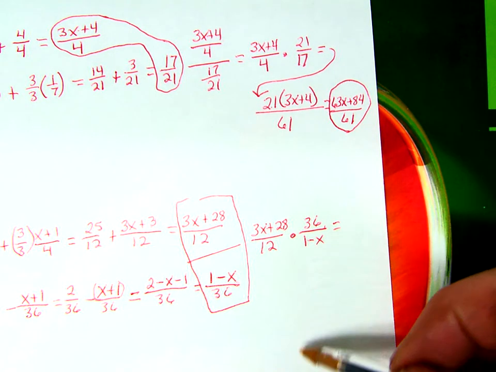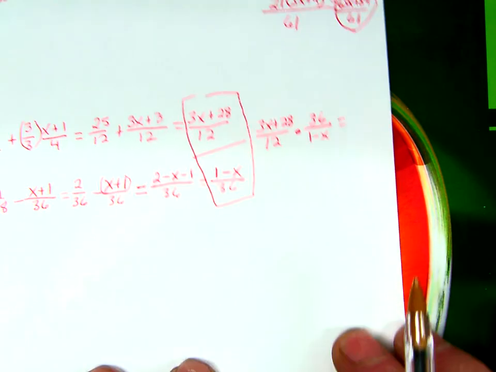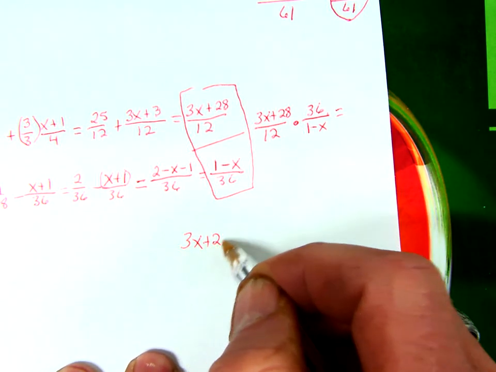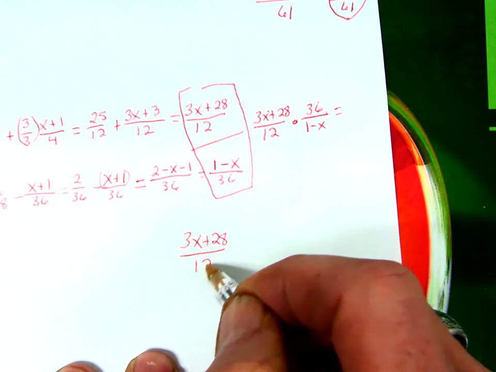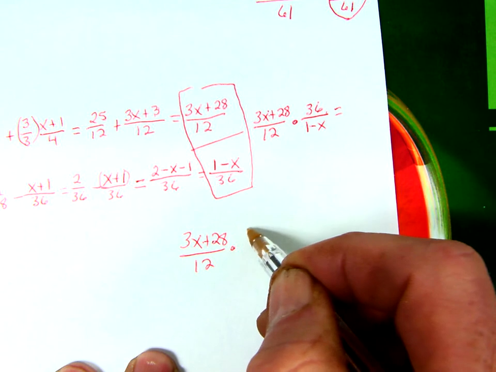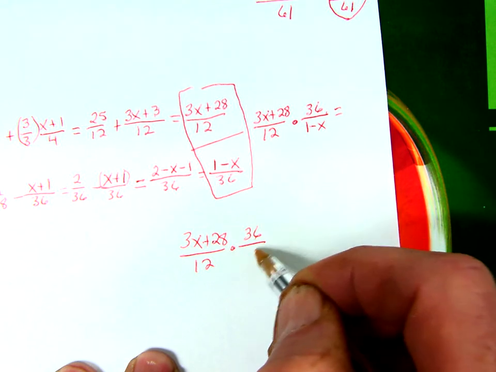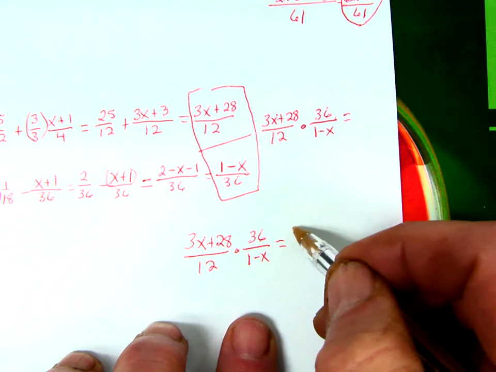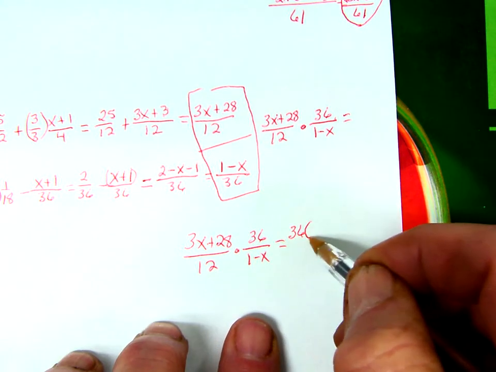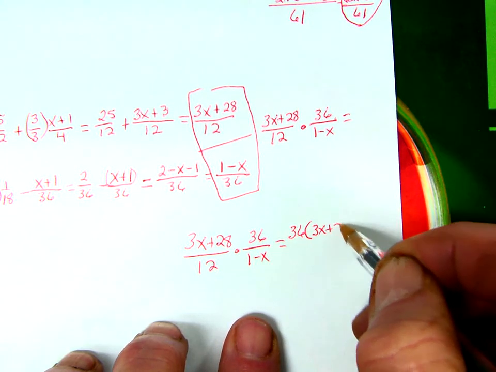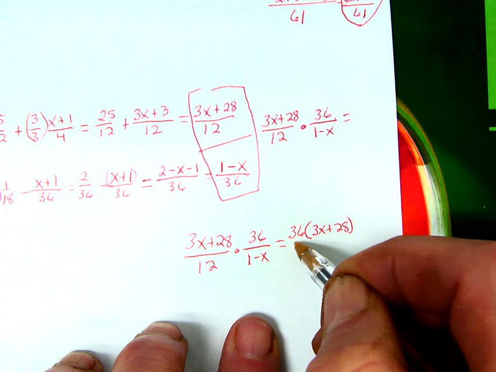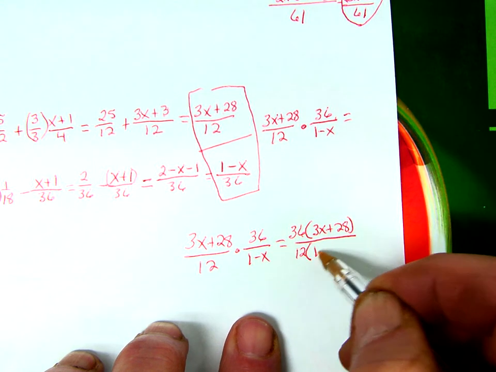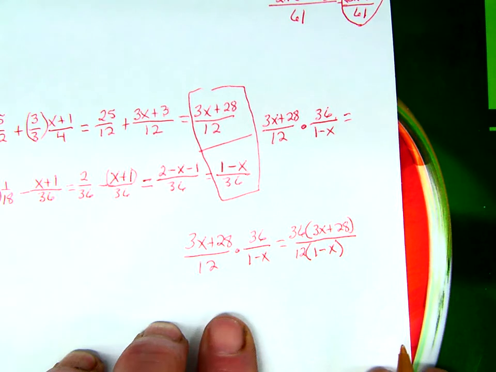I'm going to come down to the bottom part of the paper. 3x plus 28 over 12 times 36 over 1 minus x equals 36 times 3x plus 28 being divided by 12 times 1 minus x.